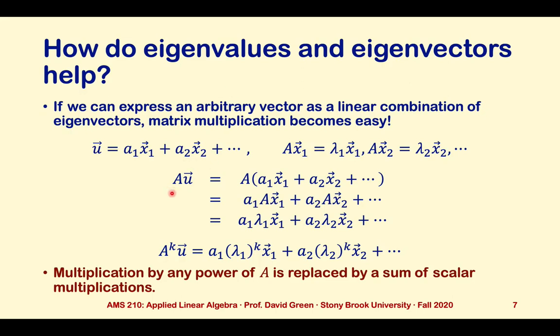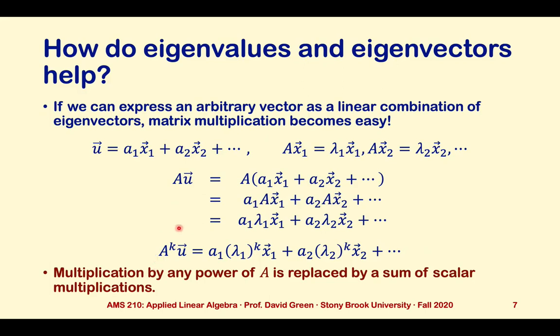If we think about replacing A here with A to the k, that is, having taken many subsequent multiplications of A, this similarly becomes A to the k times u, which becomes a1 times lambda 1 to the k times x1 plus a2 lambda 2 to the k x2, and so on.